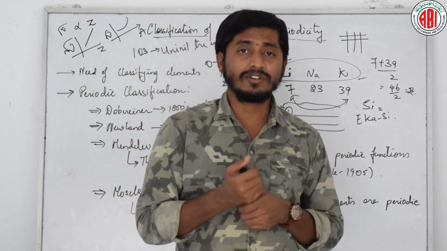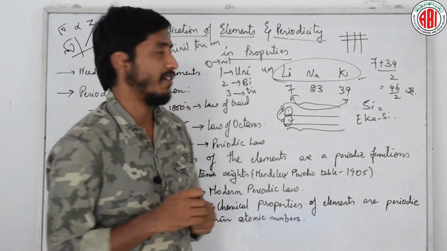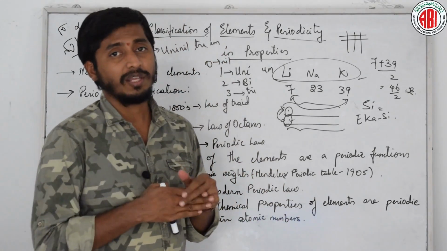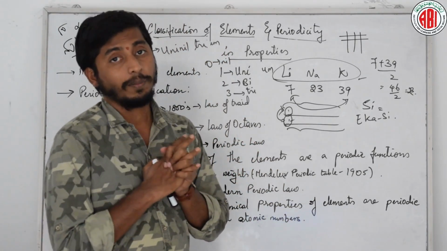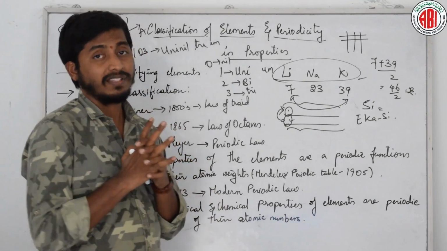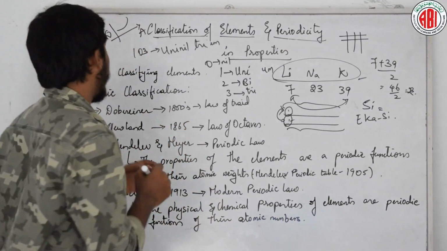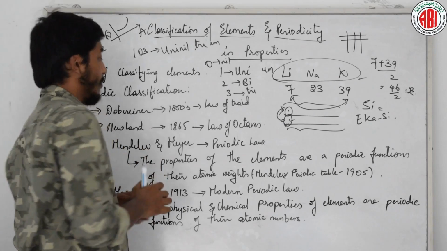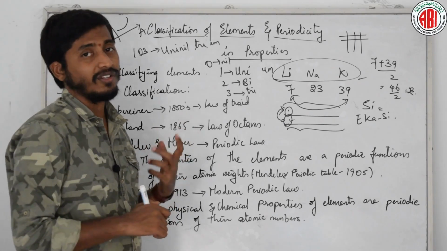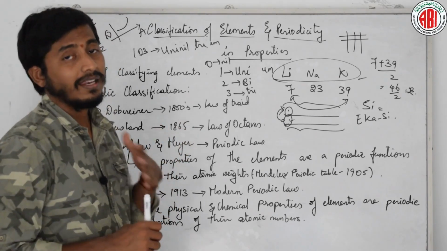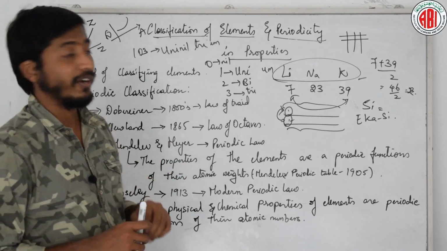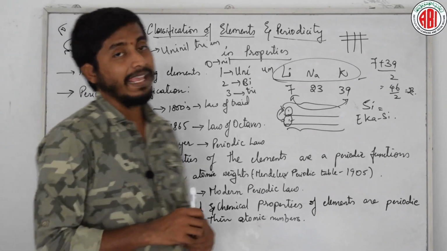And I forgot to tell, there are a few physical properties you have to remember, that is melting point, boiling point. Those physical properties of an atom were discussed only by Newlands, and a few of the properties were also discussed by Mendeleev. Then how do they vary in the periodic table of Moseley?